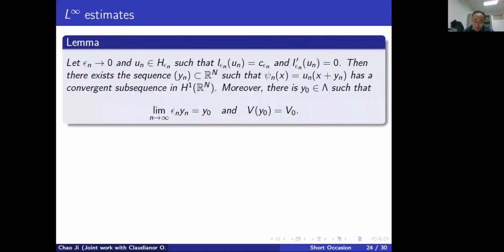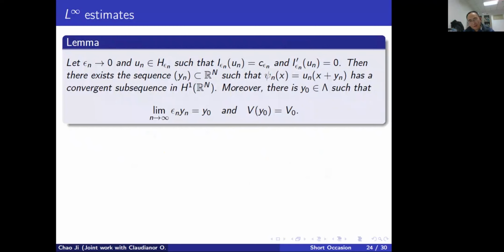The first step is to construct a mountain pass path, so we can get a PS sequence. When we prove the boundedness of the PS sequence, we can get that the PS condition holds. So we can get a solution for the modified problem.